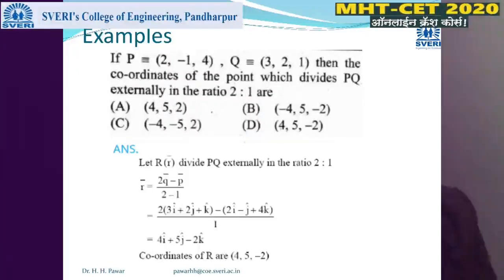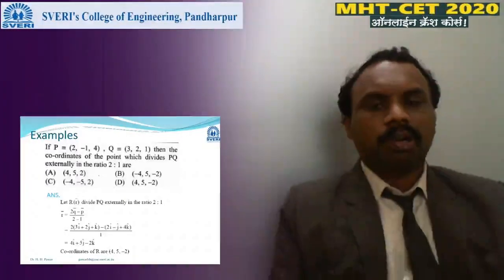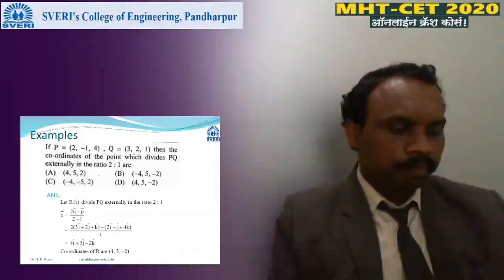Now put the values of q bar and p bar, which gives us 2 into (3i plus 2j plus k) minus (2i minus j plus 4k) divided by 1, which gives us 4i plus 5j minus 2k. Hence coordinates of R are (4, 5, -2). Hence here option D is the obvious choice for this example.